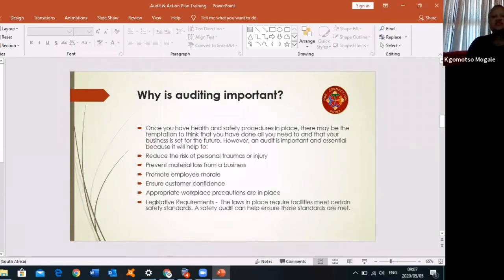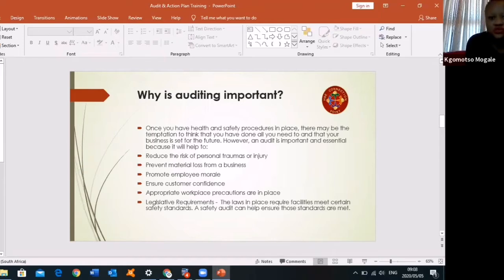So we'll say, why is auditing important? Ladies and gents, we all know that in terms of the law, our aim as health and safety officers and professionals is to make sure that we uphold the law, and that we also consider the health, safety and well-being of the employees.